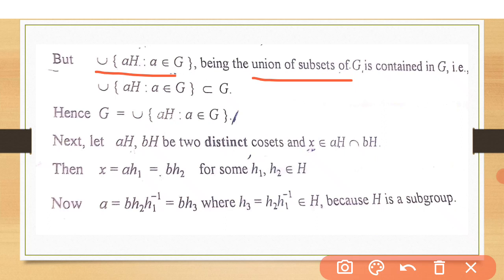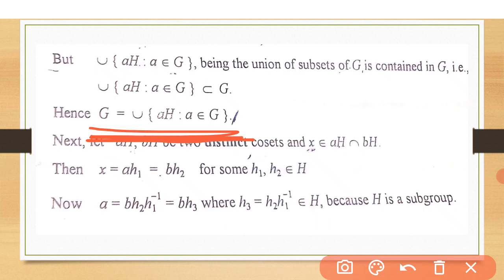So all the left cosets, by taking their union, are a union of subsets of G. That's why it is contained in G, since subsets of G will surely be contained in G. So the union of all left cosets is surely contained in G. In this way, by combining both relations, we get the result that G is equal to the union of all left cosets.